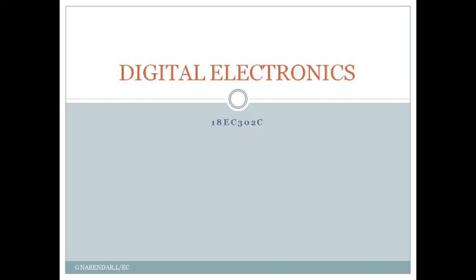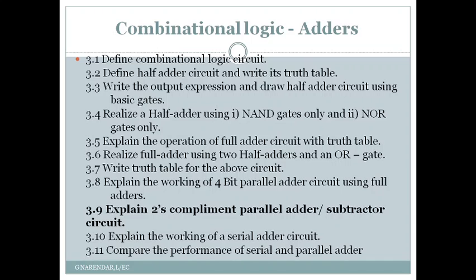In today's lecture, we are going to explain how a 2's complement parallel adder cum subtractor circuit works. So, previously we have seen the working of a 4-bit parallel adder which uses full adders.